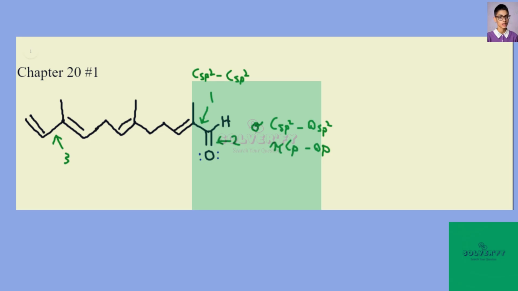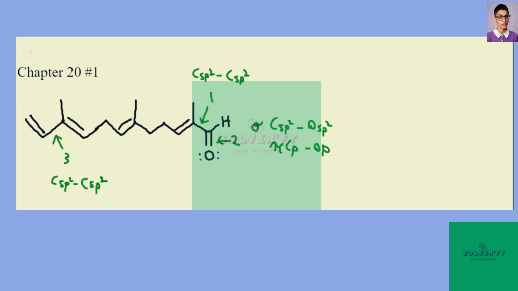There we go. And then for bond number 3, again, it's going to be 2 sp2 carbons. Part B of this problem asks us, in what type of orbitals do the lone pairs on the oxygen reside?